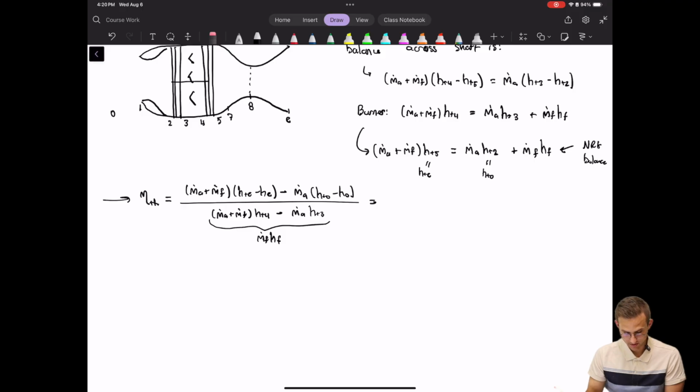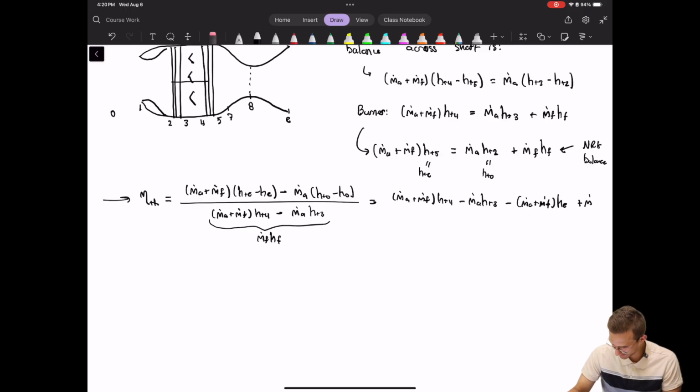We can use our energy balance where we've replaced HT5 with HTE and HT2 with HT naught, and make some substitutions here and get (m dot A plus m dot F) times HT4 minus m dot A times HT3 minus the quantity (m dot A plus m dot F) times HE plus m dot A H naught, all divided by the same denominator as before, (m dot A plus m dot F) HT4 minus m dot A HT3.